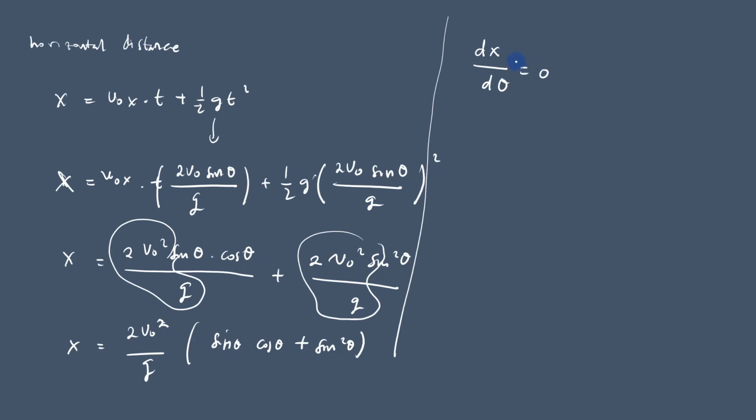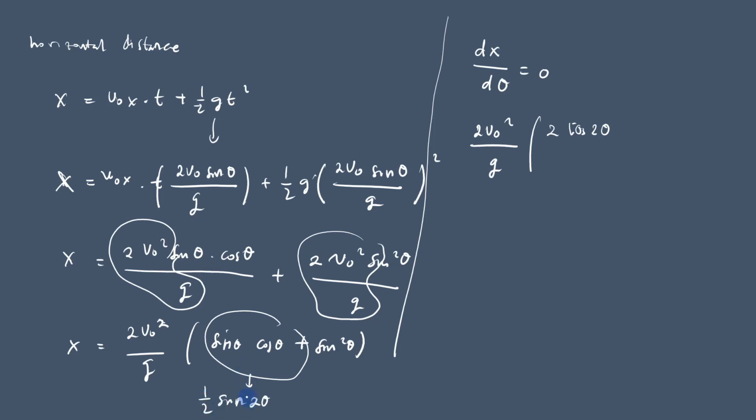So the derivative of x has the factor 2 times Vo squared divided by g. This is a constant value, so we can write it outside of the derivative process. 2 Vo squared divided by g times 2 cos theta sine theta, which can be substituted by sine 2 theta times 1/2.